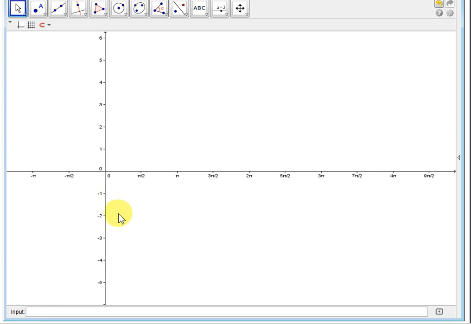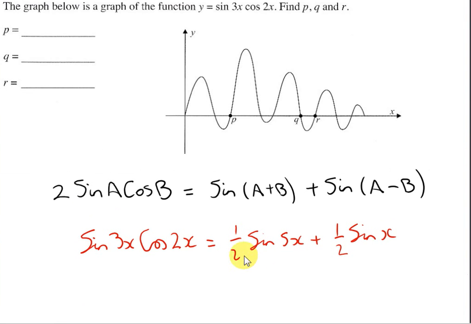Okay, let's look at the graphs of these in Geogebra. Let's look at the graph of a half sine 5x. So I'll do these two graphs separately and then I'll add them together.